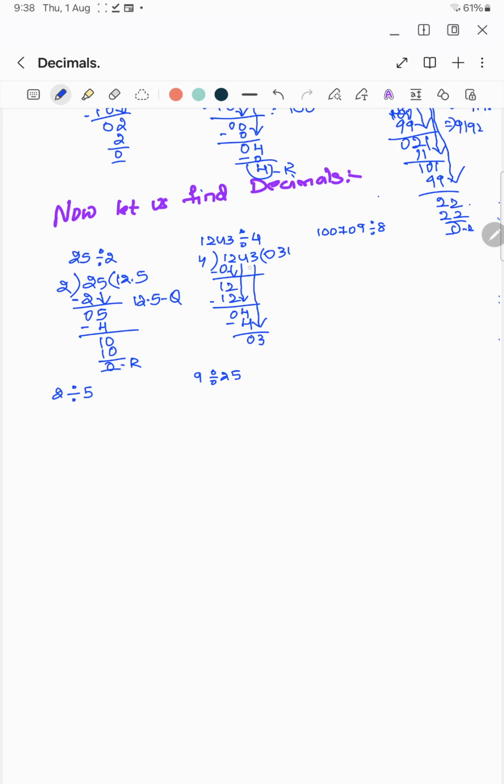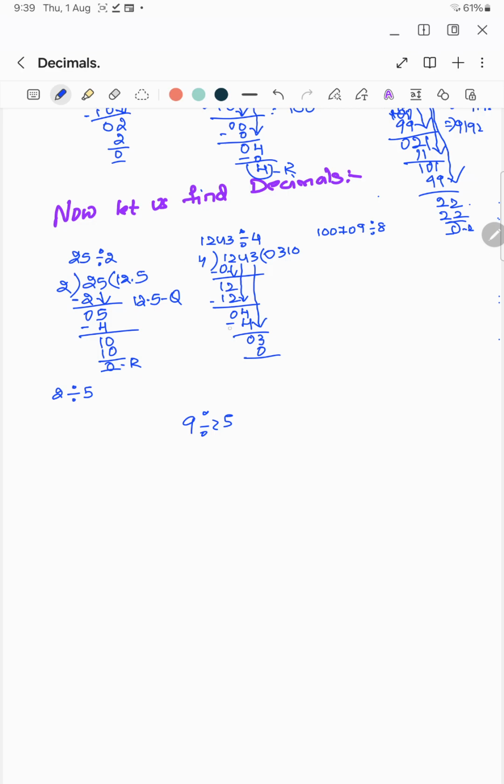So we have carried down the number from here, and we should compulsorily find the multiple. 4 into 0 is 0, because 4 is greater than 3. So there won't be any multiple of 4 which is less than 3.